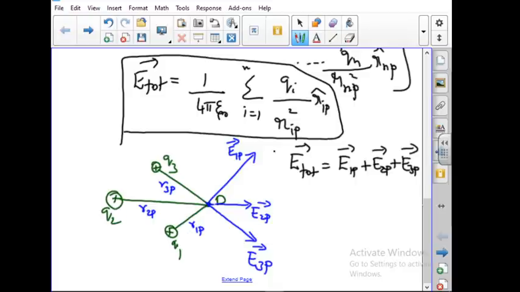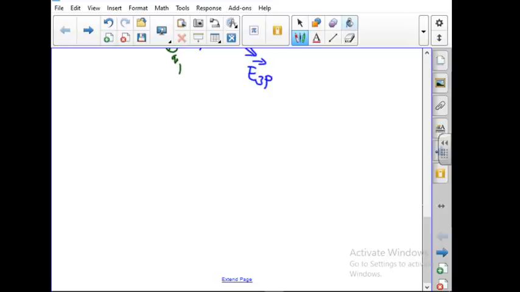Okay, so this is the resultant electric field, and this is the electric field due to a system of point charges. Hope you can understand this. Let me teach the next topic, which is the electric field due to continuous charge distribution.